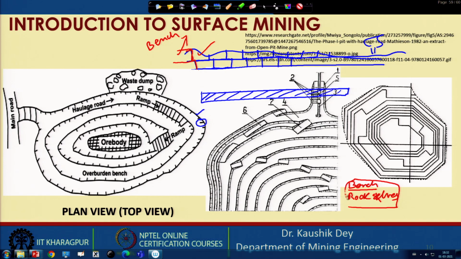It is a rock shelf having an almost horizontal surface and an almost vertical surface. So a bench is a rock shelf having a horizontal surface and also a near vertical surface.